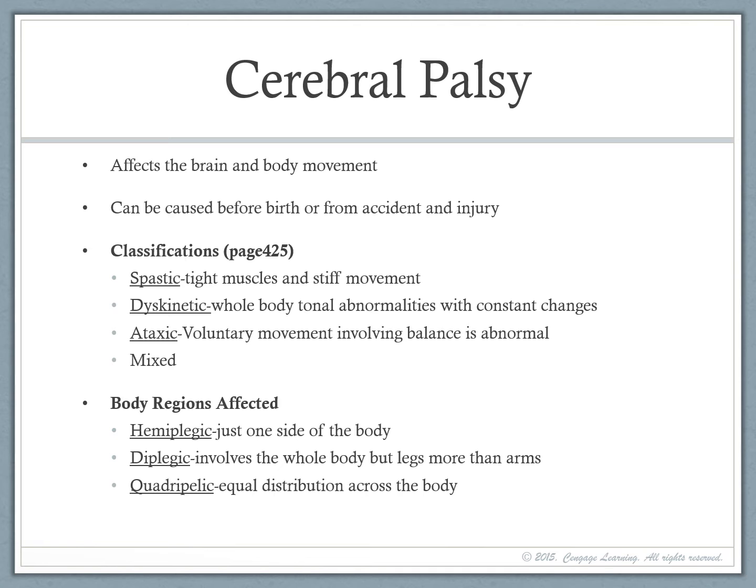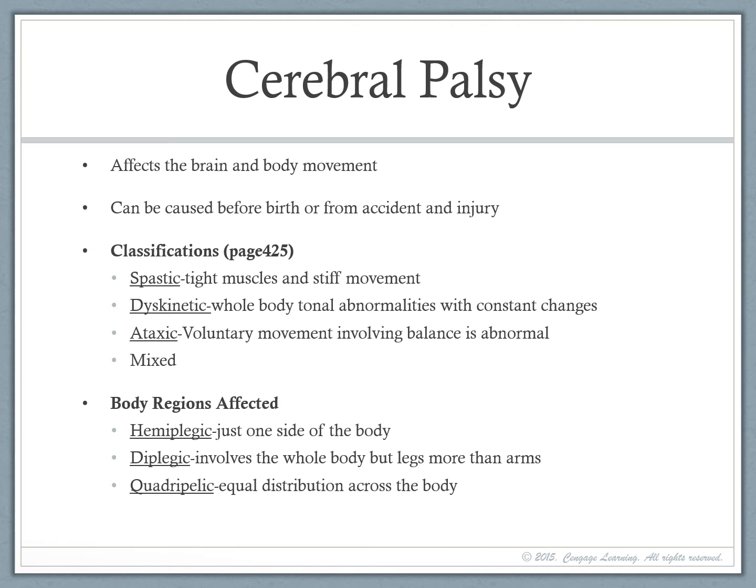There's a spastic classification, which is tight muscles and stiff movement. There's a dyskinetic, where the whole body has tonal abnormalities with constant changes, and the ataxic, voluntary movement involving balance is abnormal, and then there is a mixed classification.